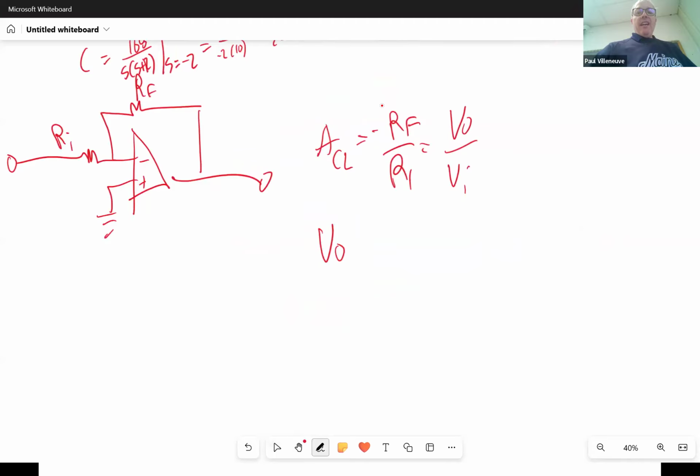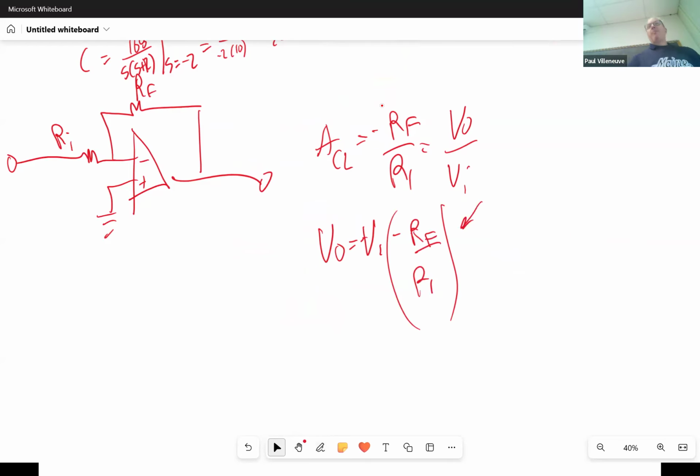If I take V out and multiply it by the gain, isn't this in parentheses the equation or the variable that transfers the input to the output? Yep.